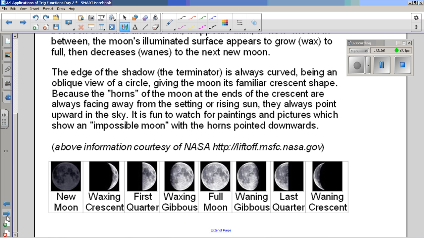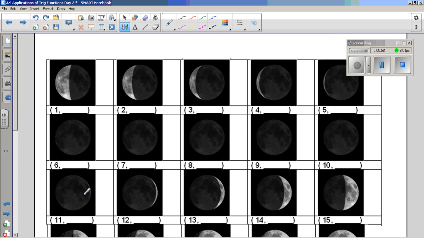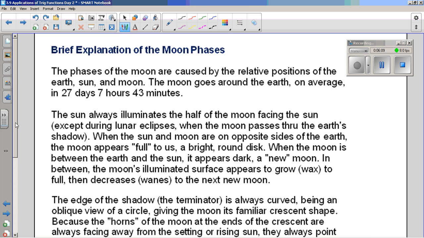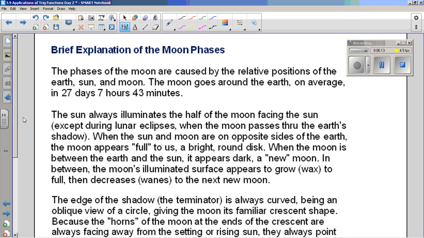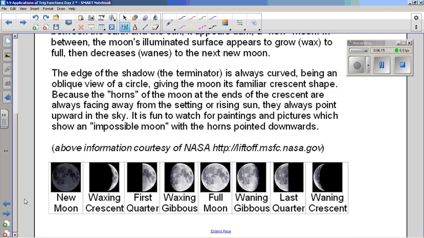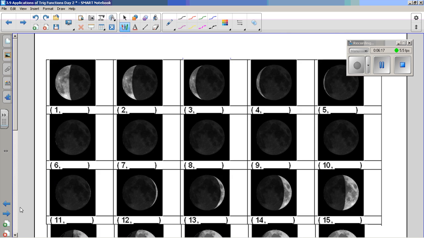The activity today is, and you're going to pause the video and do this as well. What I want you to do is on this sheet, and it looks strange, but this is the moon over several days in January 2007 or something like that.